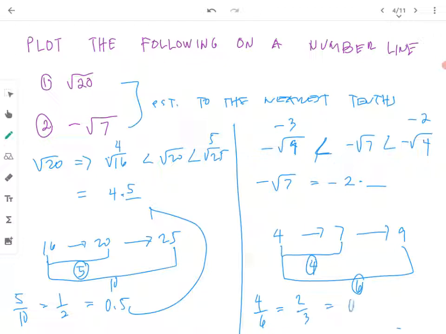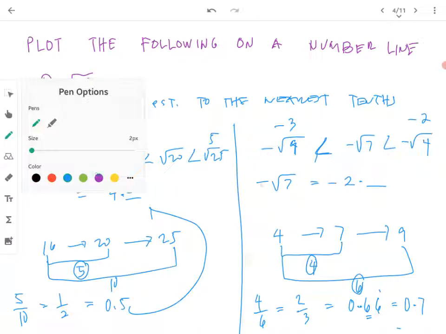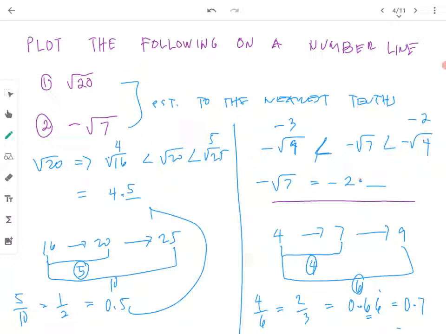If you divide, you'll get 0.66, a recurring decimal. In this case, we only need the tenths place, so we round it off, and that's going to be 0.7. So that gives us negative 2.7.